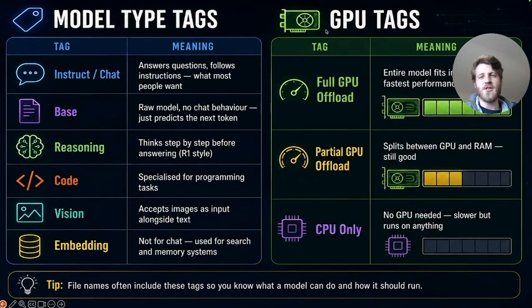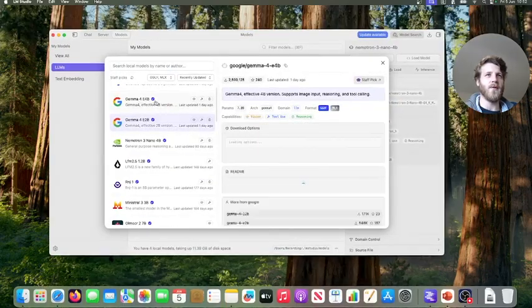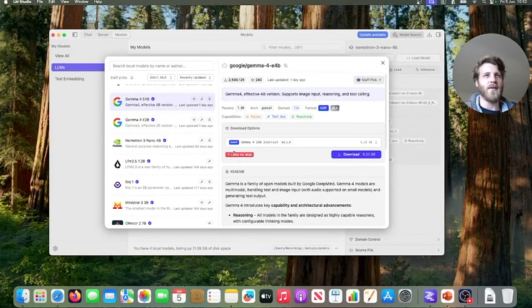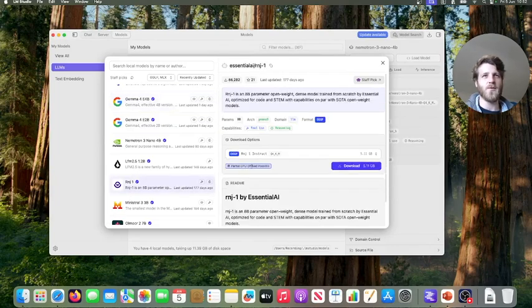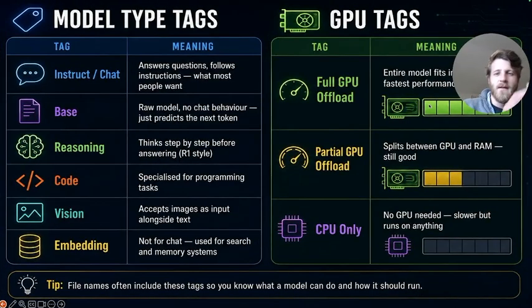If we think about these GPU tags, where we've got here green, full GPU offload possible. We've got down here likely too large. We've got partial GPU offload possible. What does that mean? Well, full GPU offload possible means the entire model fits in the VRAM. Fastest performance. You have got the hardware capabilities to run that large language model.